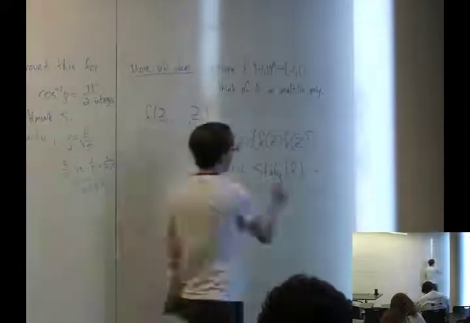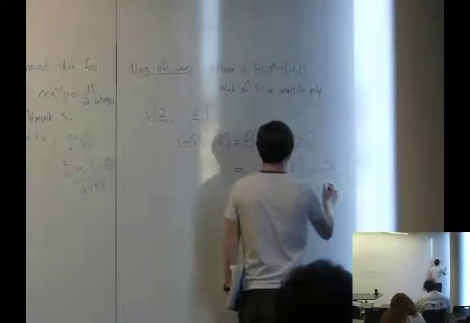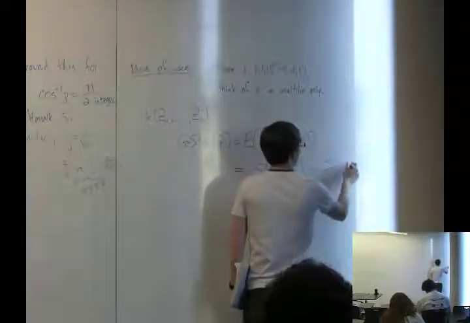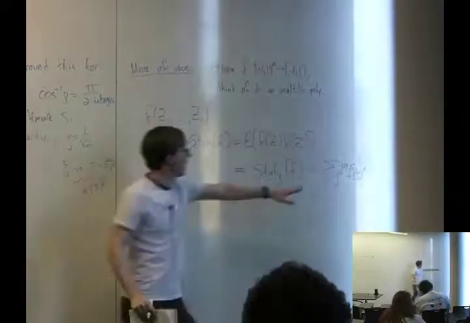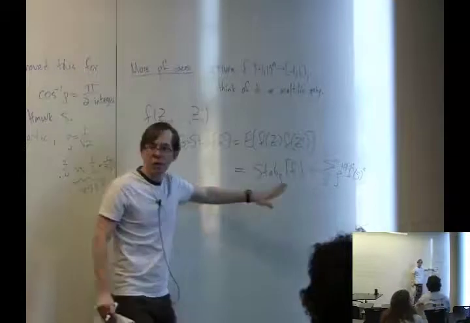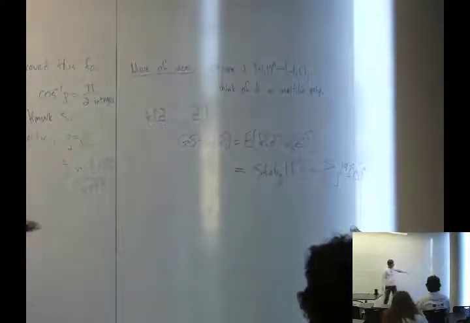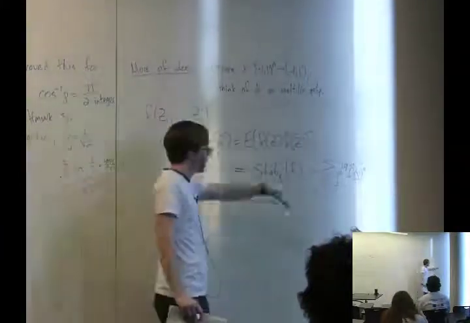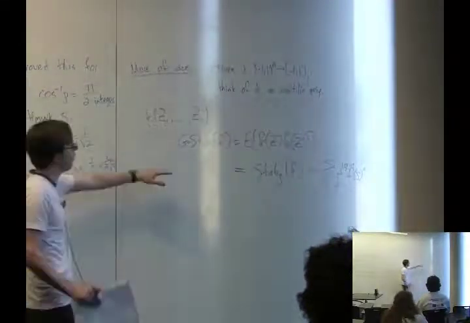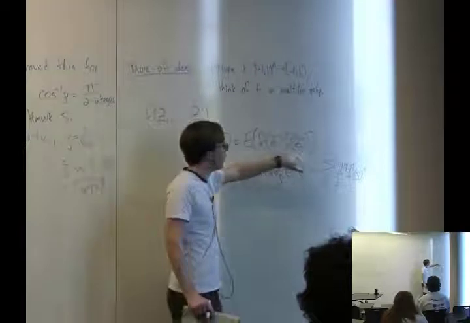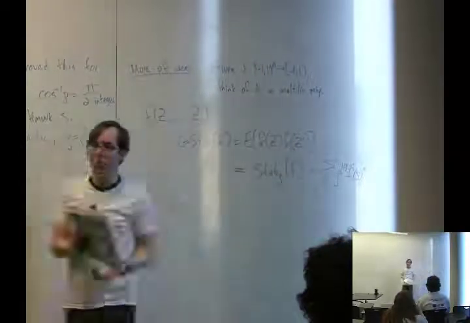The reason is both of them are equal to this Fourier formula, the sum over S of rho to the cardinality of S times f hat of S squared. This is the Fourier formula for the noise stability of f when you think of it as a function on bits. But if you remember how we proved that formula, it was really a Parseval-type thing, where you looked at the expected value of f of x times f of y, where x and y are rho-correlated.